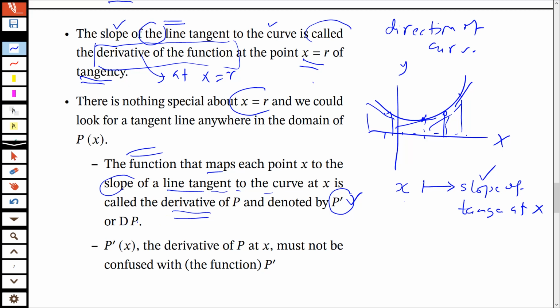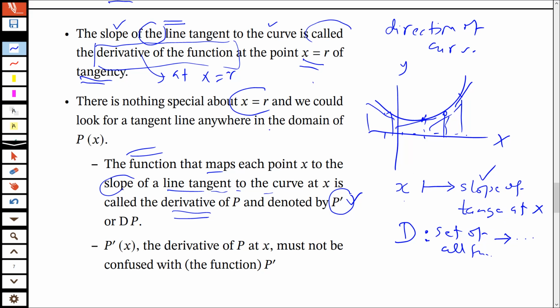Now this derivative operator is actually a function from the set of all functions, and it gives you a set of other functions, the derivatives.